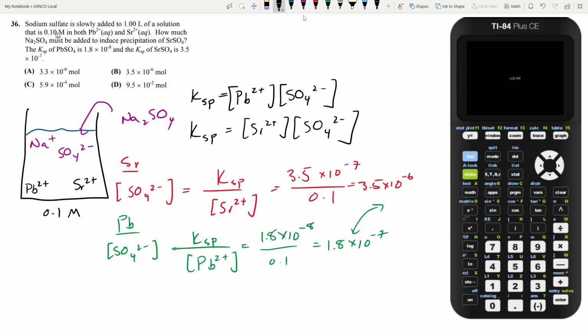Since we have 0.1 molar in a 1 liter solution, we're going to need 0.1 moles of SO4 2 minus to completely precipitate out the lead, and then you can start precipitating out the strontium, and you're going to need 3.5 times 10 to the minus 6th moles to do that. And since these are such different orders of magnitude, we can say this is about 0.1 moles. And the answer choice closest to that is D.